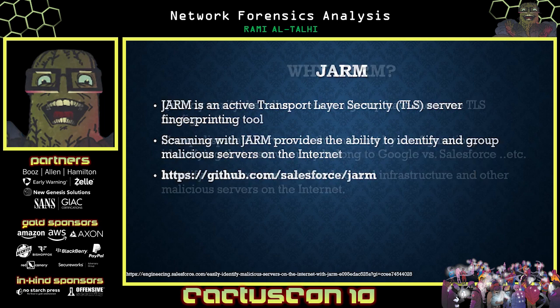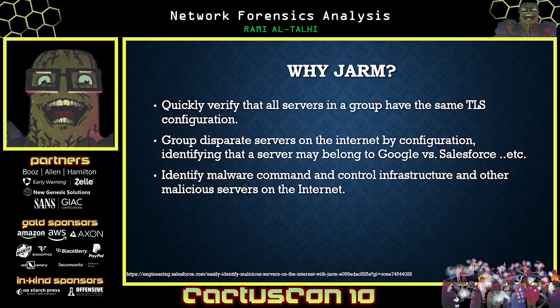We can use JARM to quickly verify that all servers in a group have the same TLS configuration. It's really looking into the TLS configuration to identify the server groups. As we said, Google and Salesforce have multiple servers that might share the same TLS configuration. Those servers will provide you with a single unique JARM fingerprint since they have a shared TLS configuration.